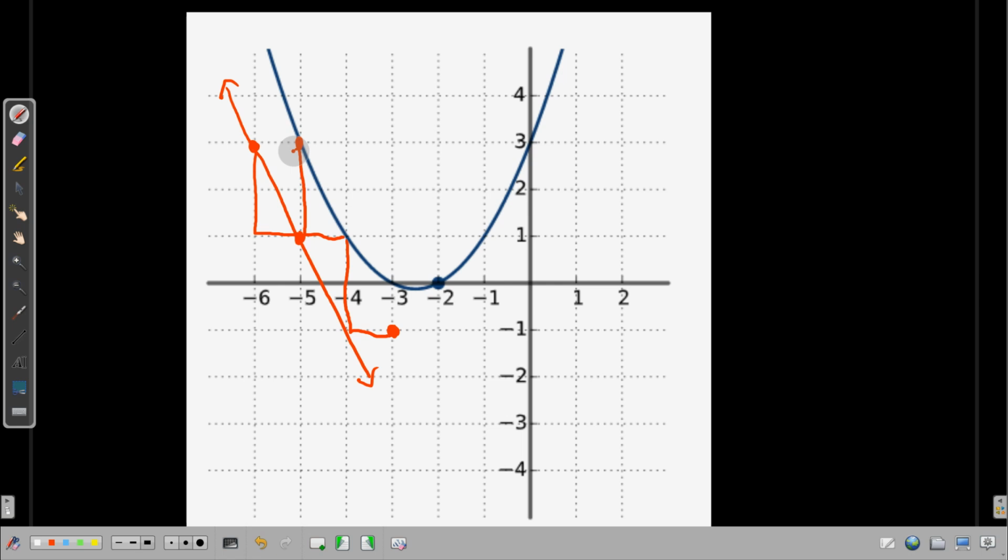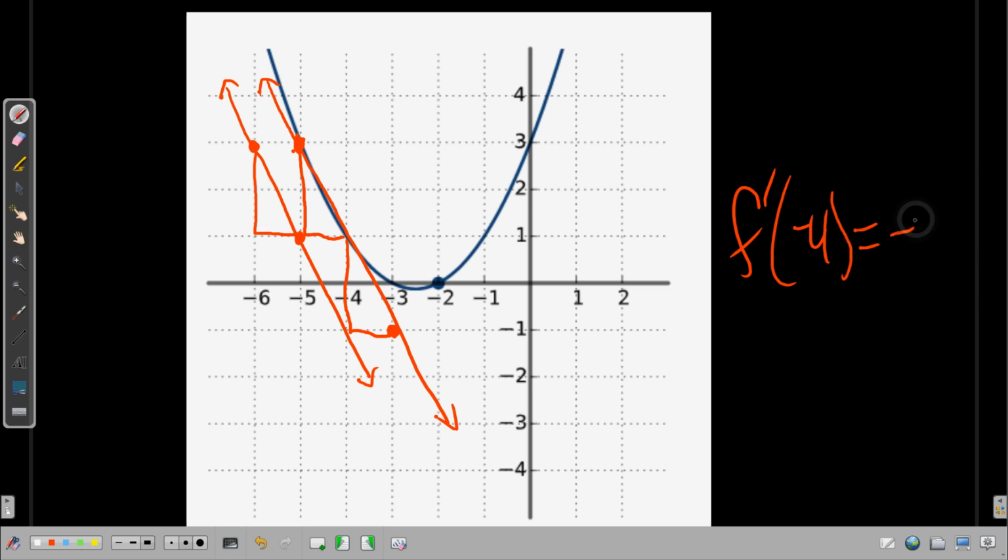This is -2 slope between these 2 points. It sure does look like it happens at -4, so that's what I'm going to go with. And the statement would be that f prime of -4 equals -2.